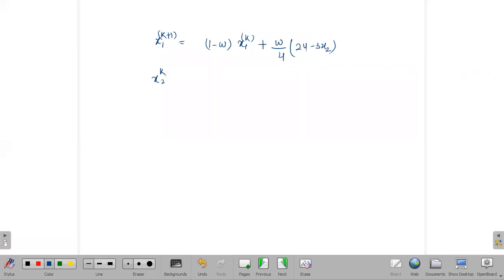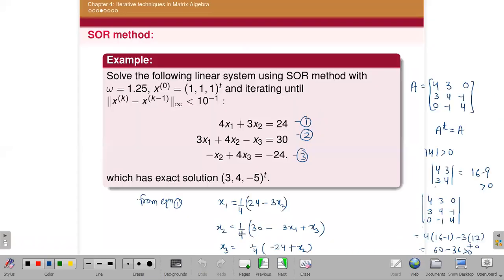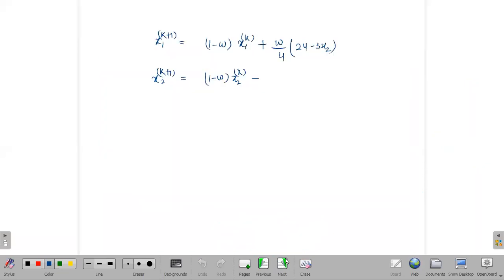Then x2 at k plus 1 will be (1 minus omega) into x2 at k, and here you have to multiply by omega by 4 into (30 minus 3x1 plus x3).